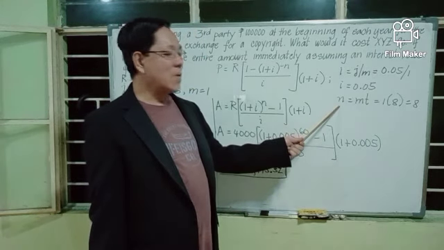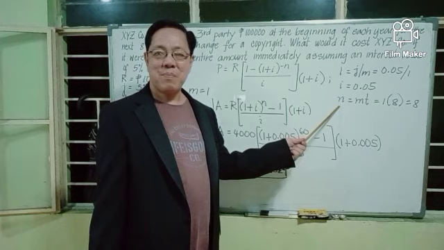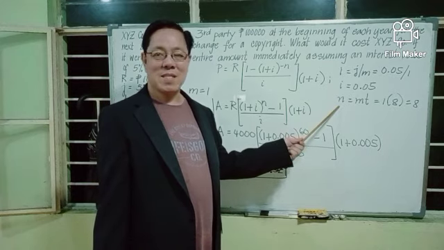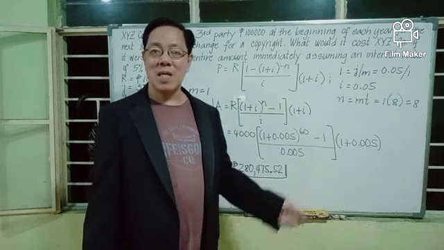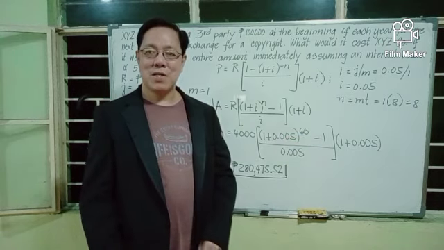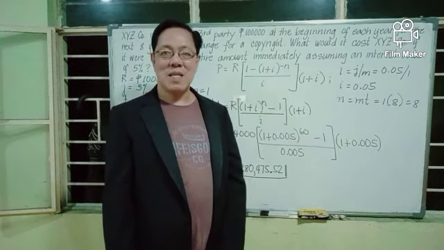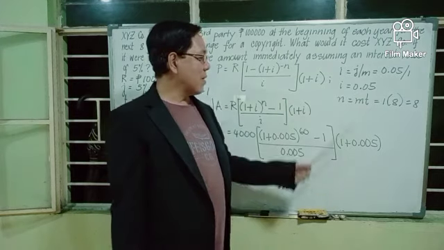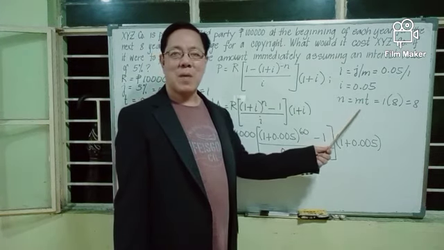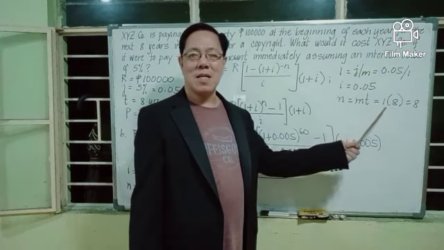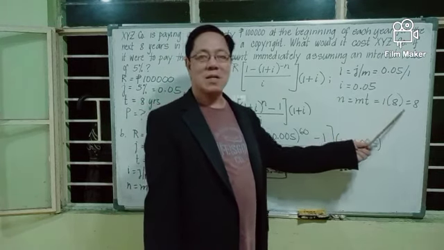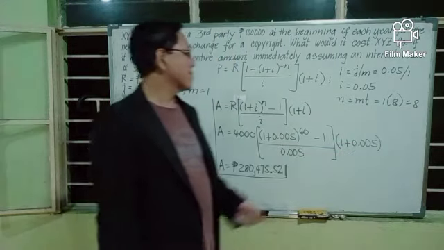And N is equal to the number of payments for the next 8 years. And the payments are to be made at the beginning of each year for 8 years. Therefore, the number of payments is 8, but by formula, N is equal to M multiplied by T, where M is 1 and T is 8. 1 multiplied by 8 is equal to 8.